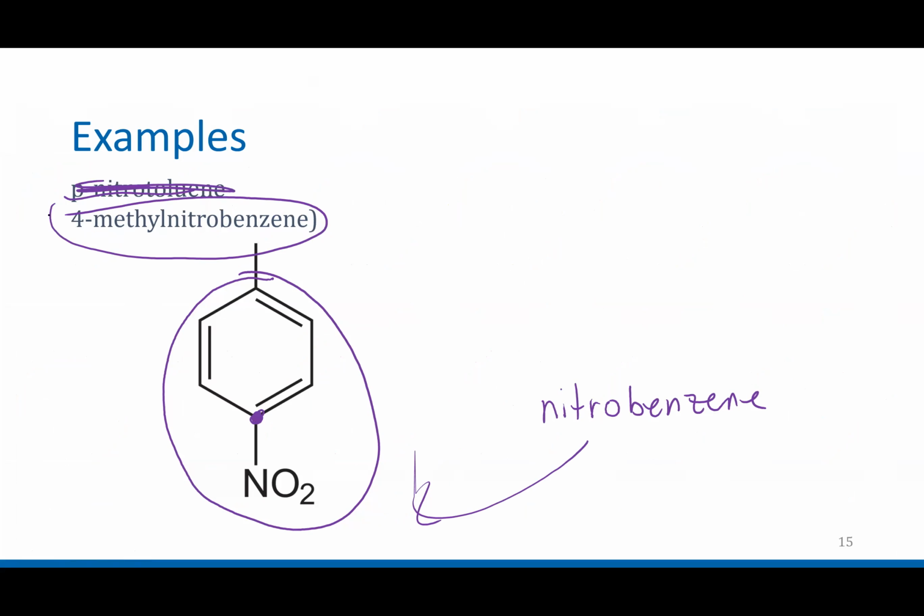So if you were doing this on a final exam, and you got nitrobenzene, you're good. Or you're not good, but you get most marks. The only thing I need to mention is that if this is the first carbon, this is 2, this is 3, this is 4, on the fourth carbon, I have a methyl group.